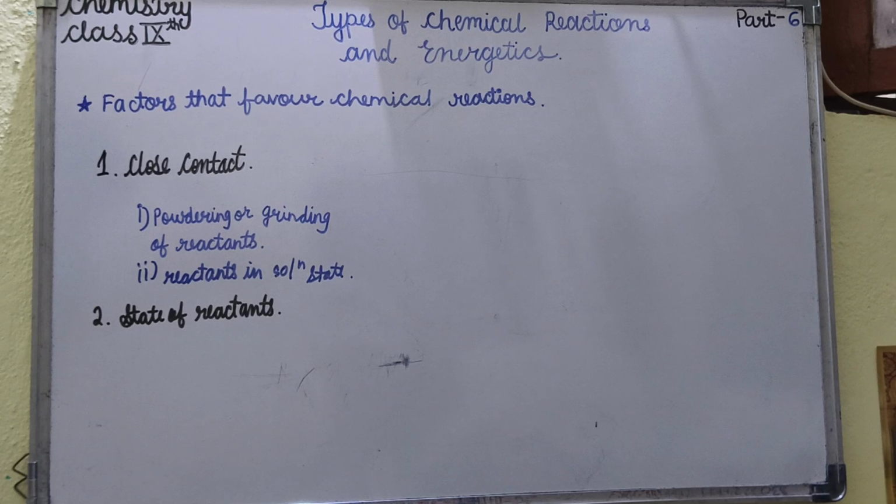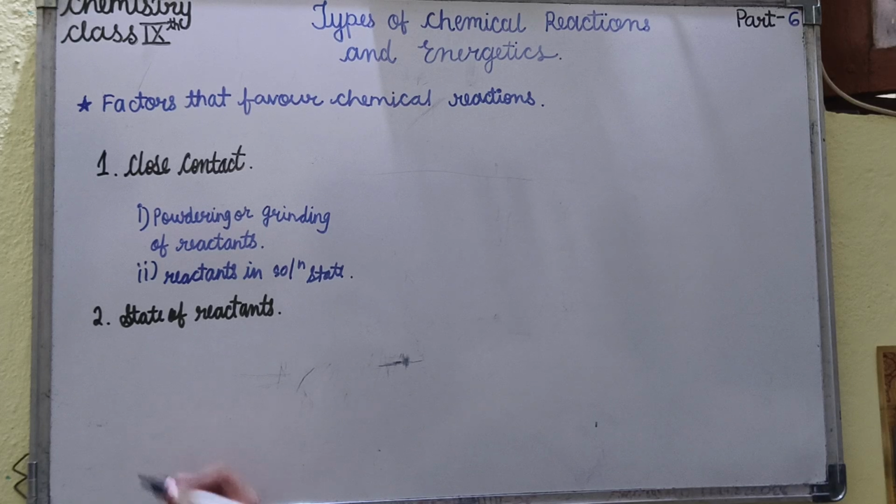In the solution state, close contact is established more quickly between the reactant particles, leading to product formation. Example, sodium carbonate and tartaric acid do not react with mixing in solid state but vigorously react in solution state.